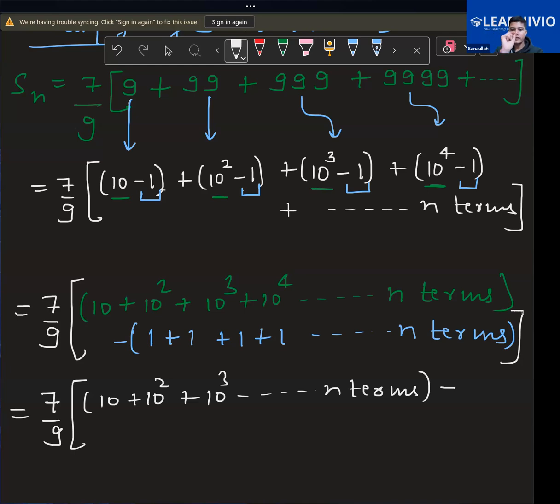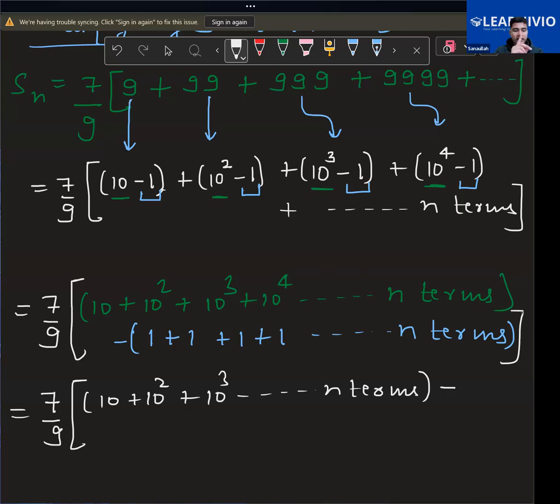You need to find 1 plus 1 plus 1 plus 1, so on to 10 terms. So if you add 1 10 times, then what will it be?